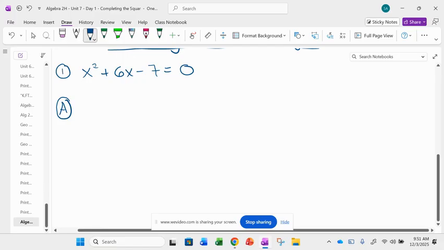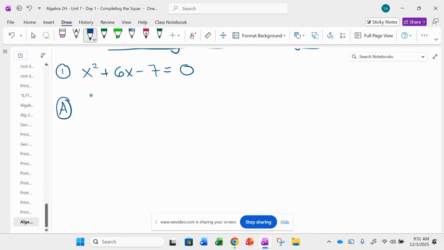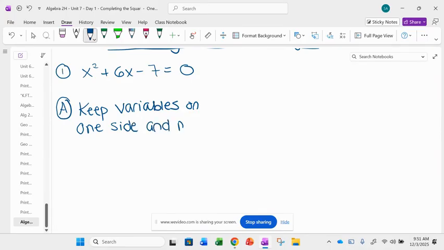So the first step is going to be keep variables on one side and move constants to the other.